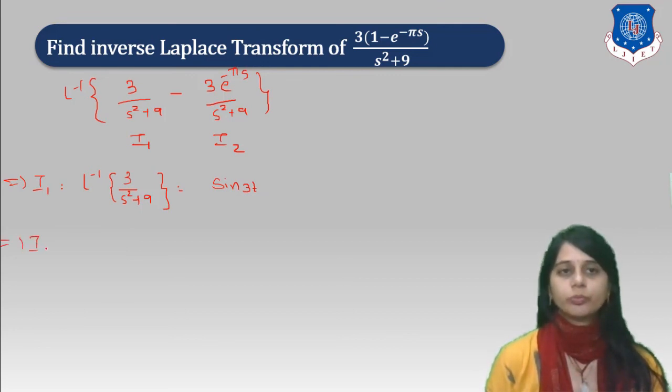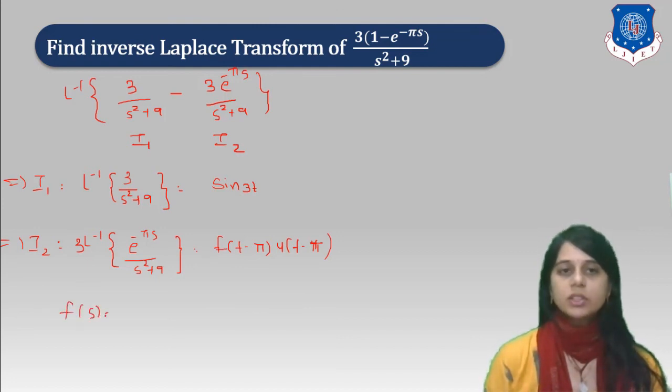For I2, we use the inverse second shift theorem. So it is 3 e raised to minus pi s upon s square plus 9, which gives f of t minus pi, u of t minus pi. Now, to find f of t, what is our f of s here? It is 3 upon s square plus 9.